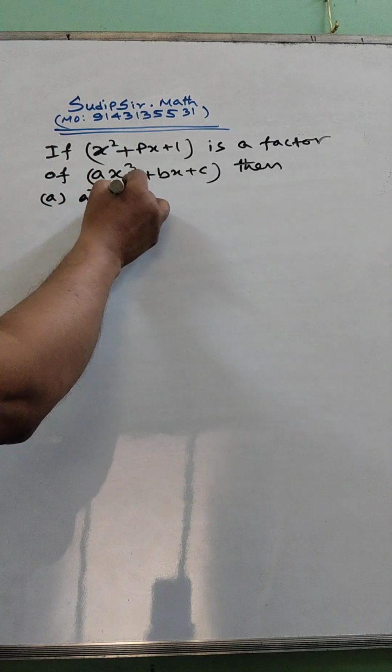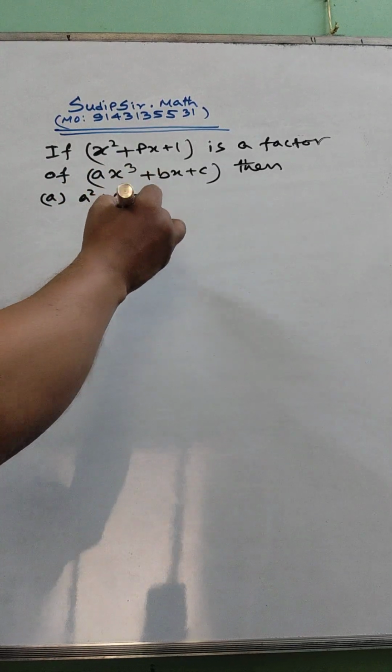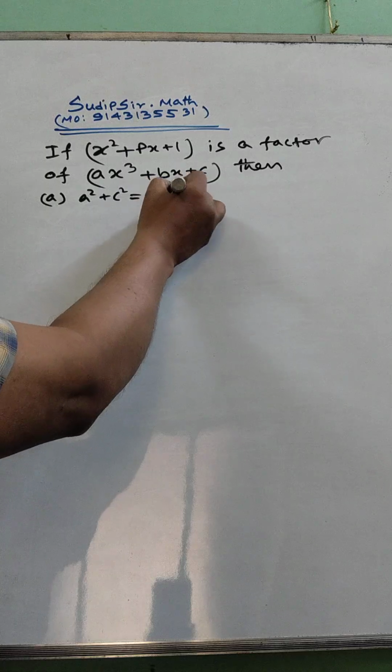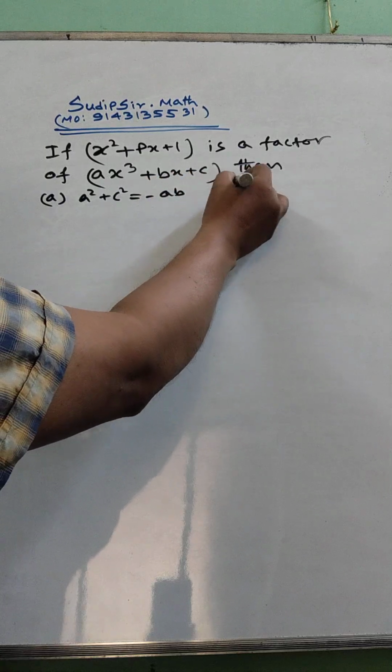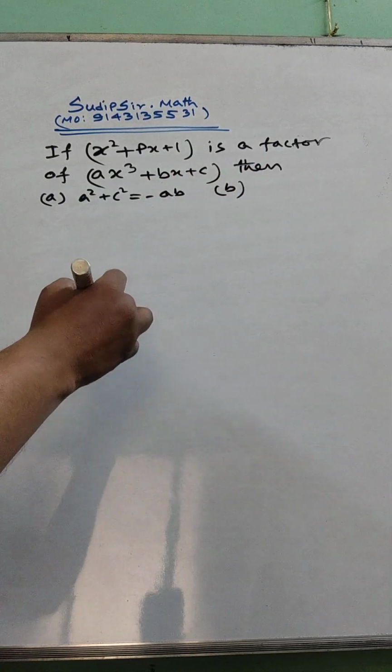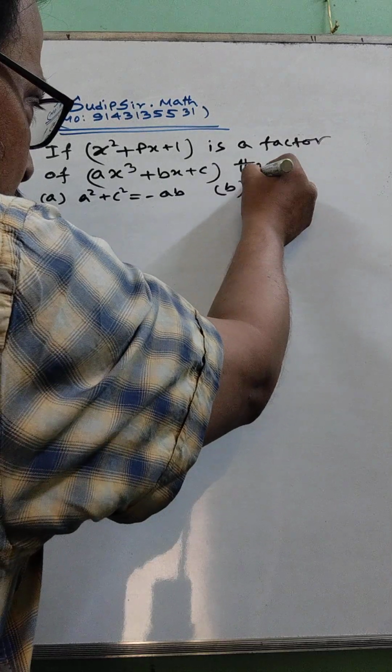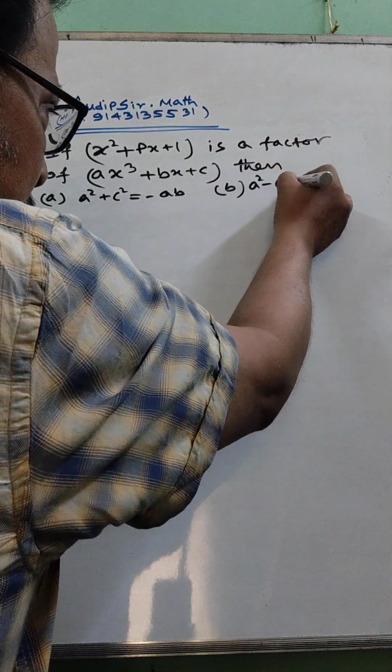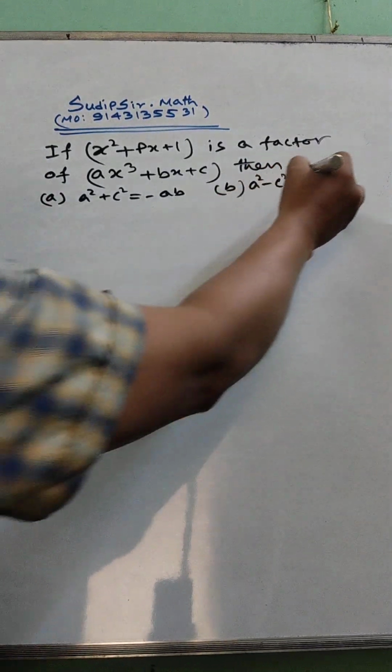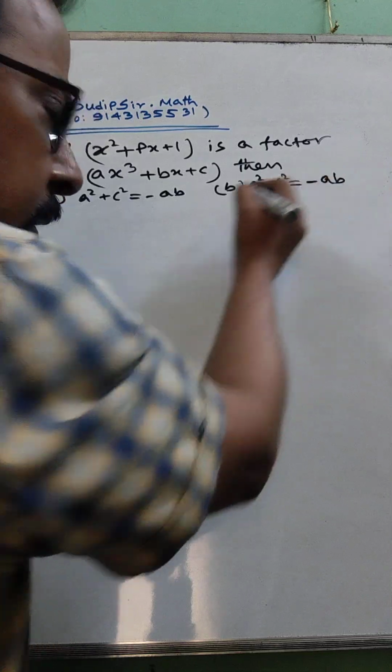A: a square plus c square equal to minus ab. B: a square minus c square equal to minus ab.